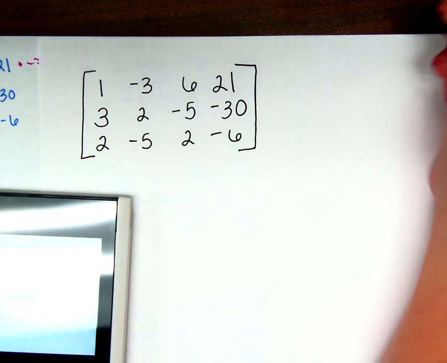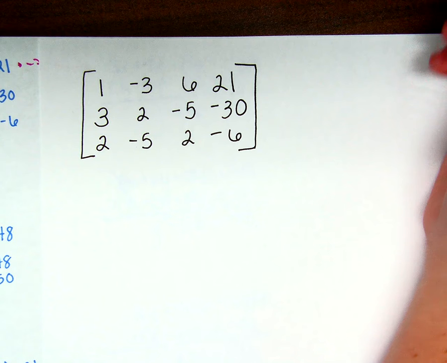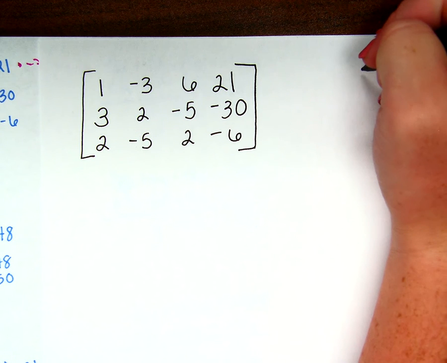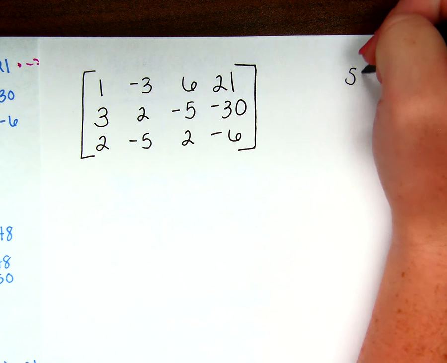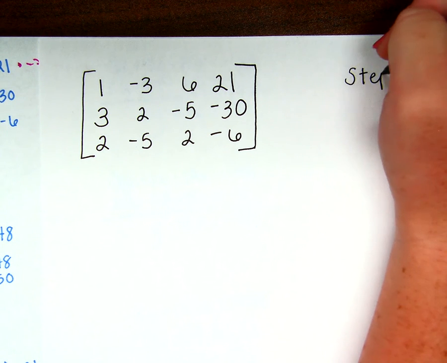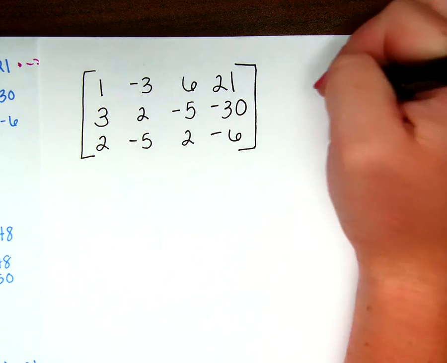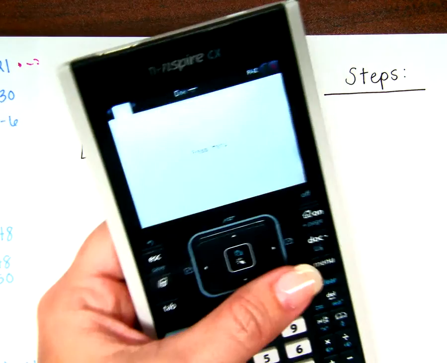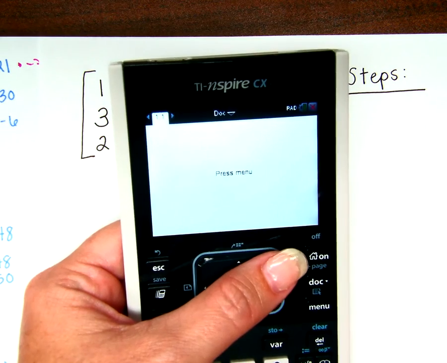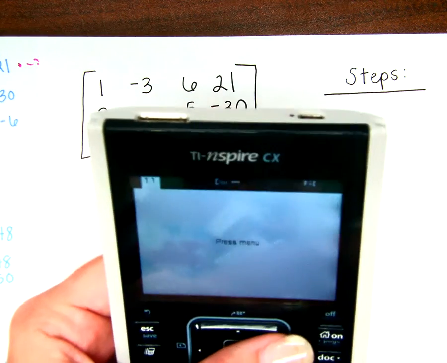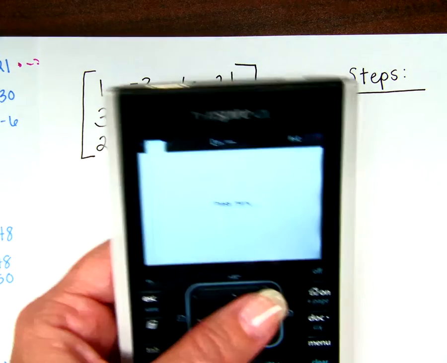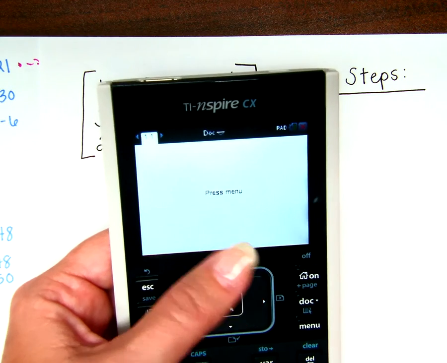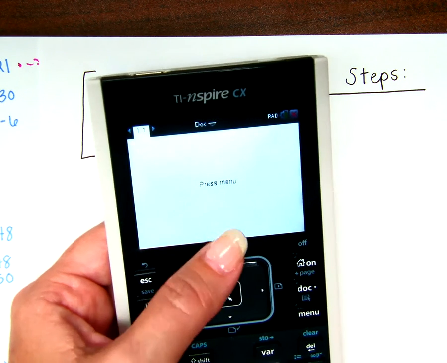So first of all, this is the most important step. Turn your calculator on. You don't have to turn your calculator on, that's okay. We want to start a document that's a calculator. I have to have it sideways like this or you can't see it because of the glare. After you turn your calculator on, we want to start a calculator page.